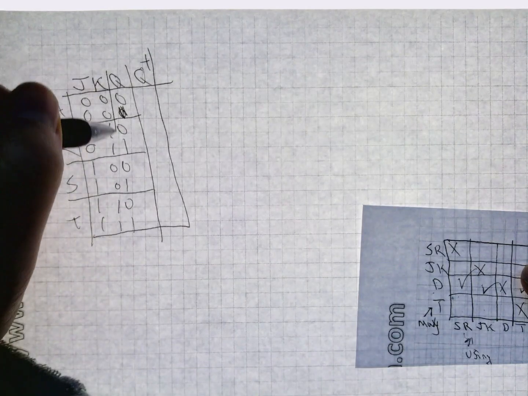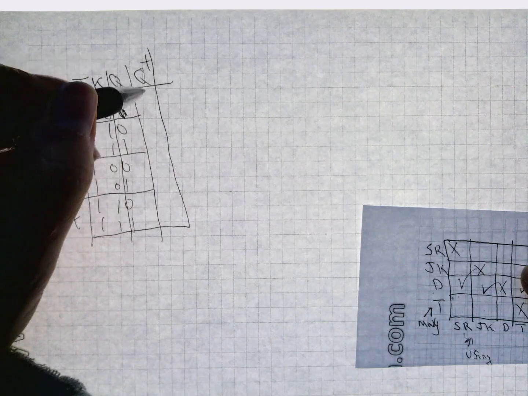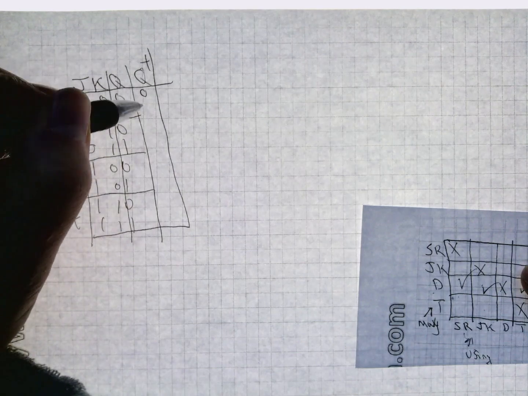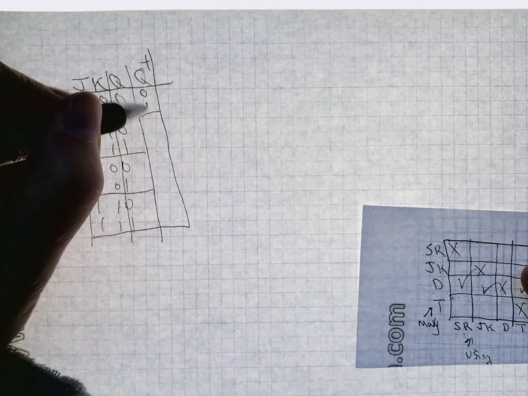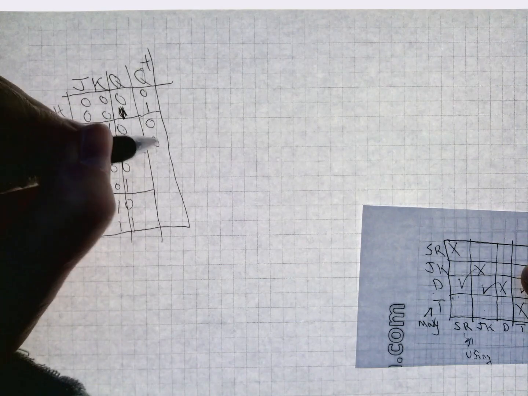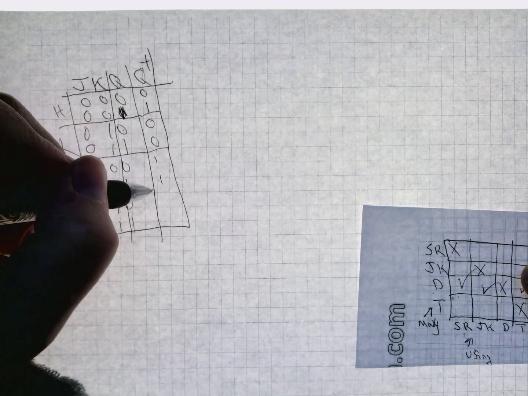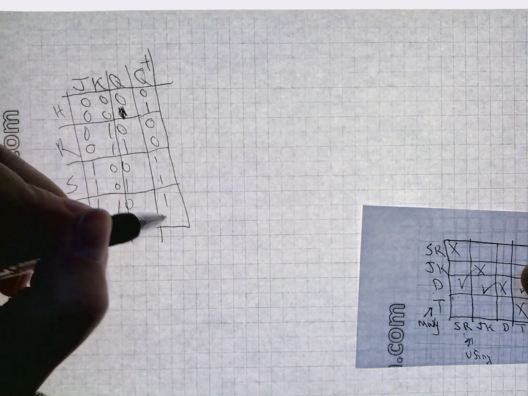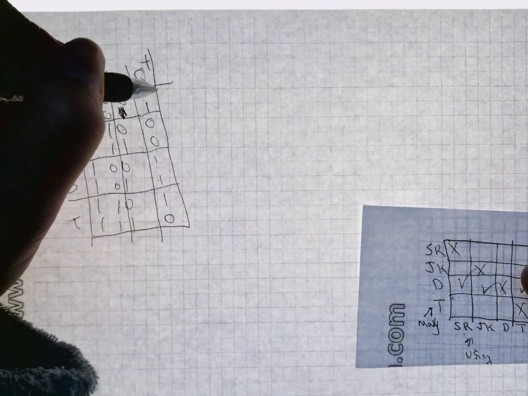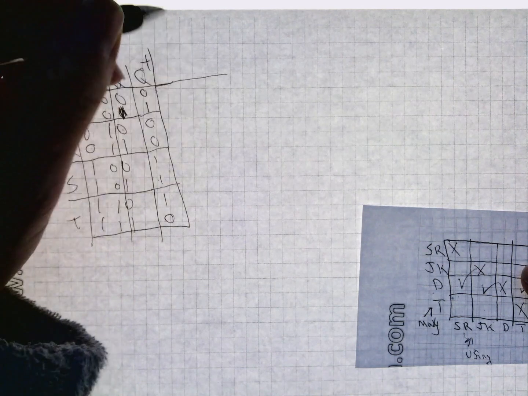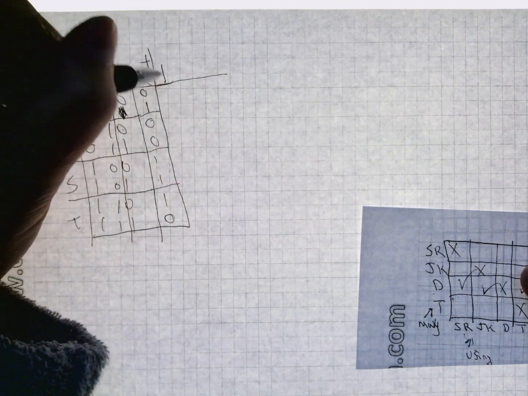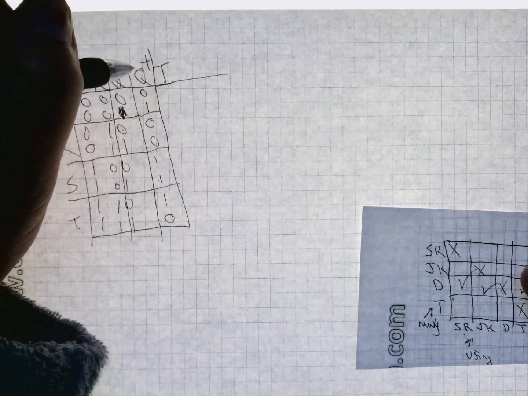And so when we're in the hold state, we just copy the present state over. This is reset. That's set. And this is going to be toggle. Now we can write out what does T do.